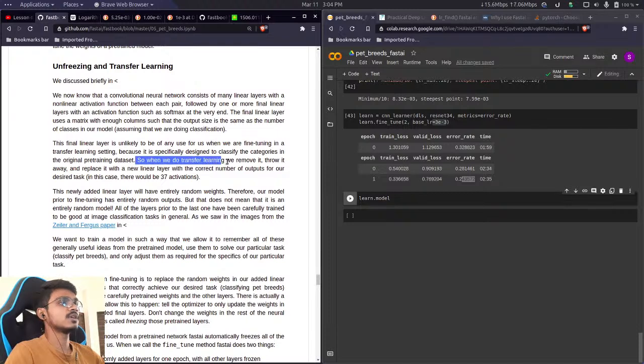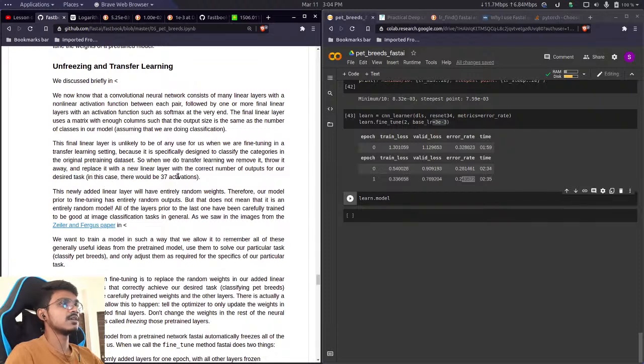So when we do transfer learning, we remove it. We remove the last layer, throw it away, and replace it with a new linear layer with the correct number of outputs for our desired task.